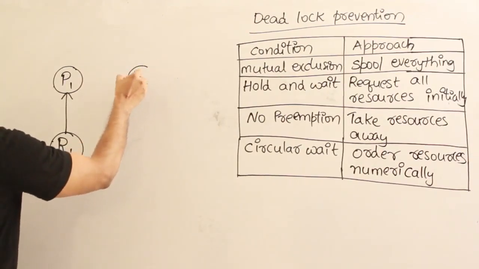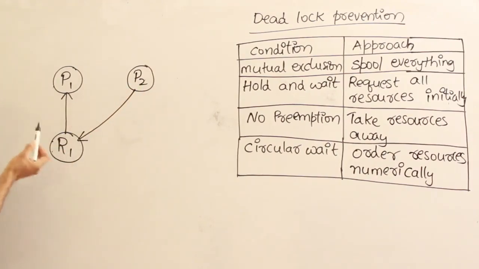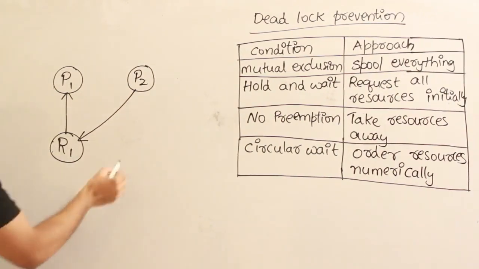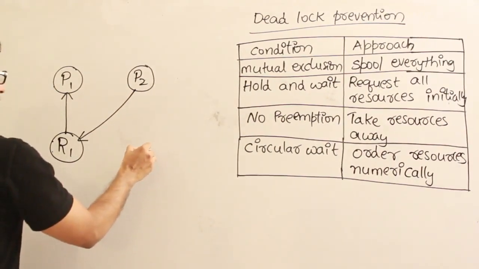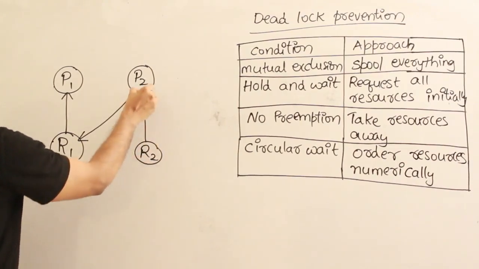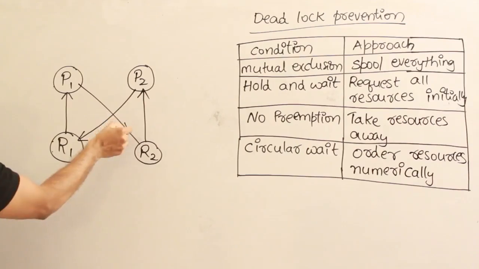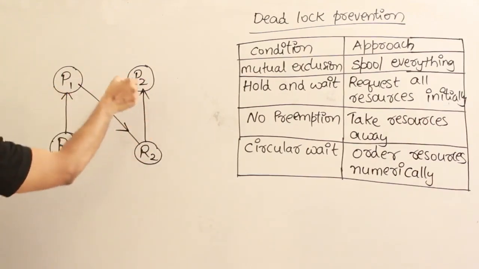Some other process P2 might ask for access to this resource, but this resource is saying that I am already being used by P1 and you cannot use me again. At the same time, this P2 might be holding some resource R2, which also doesn't lend itself to be used by more than one process, and P1 wants it. Therefore there is a cycle here.